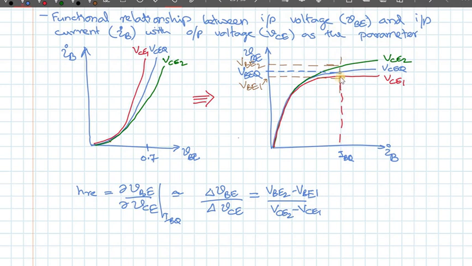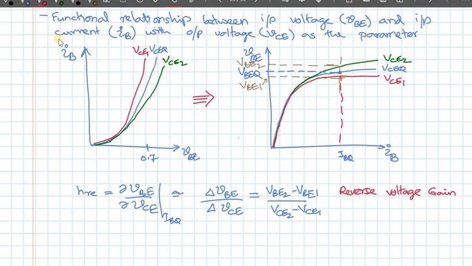If VCE changed, accordingly VBE also changed, so that now new points are on each of these curves, red and green curves. So this will be my HRE, delta VBE divided by delta VCE, VBE2 minus VBE1 divided by VCE2 minus VCE1. So this is a voltage ratio, and specifically it's a reverse voltage gain.